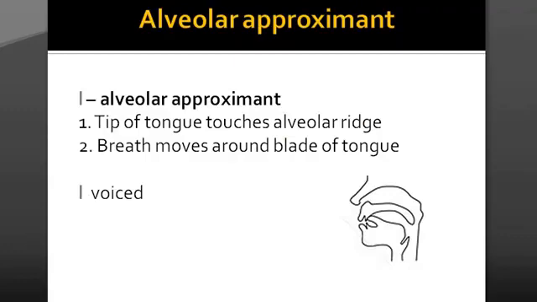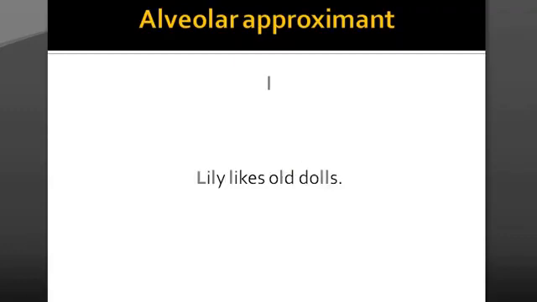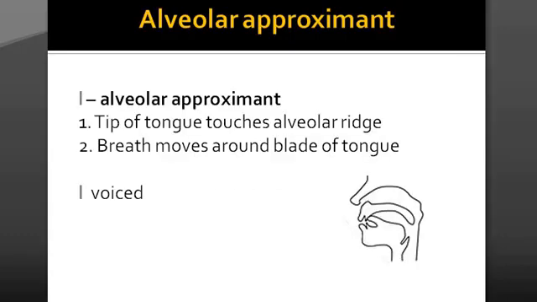Let's do a sentence with L. This is Lily likes old dolls. Say it with me. Lily likes old dolls. Okay. Yeah, so you already know how to pronounce the L sound.